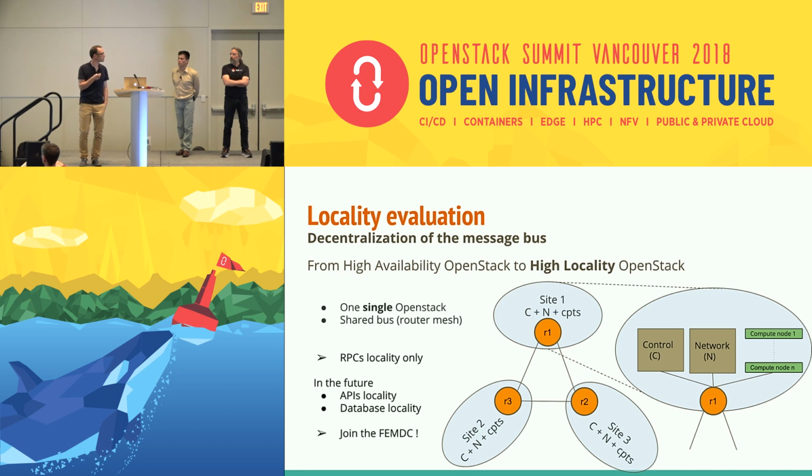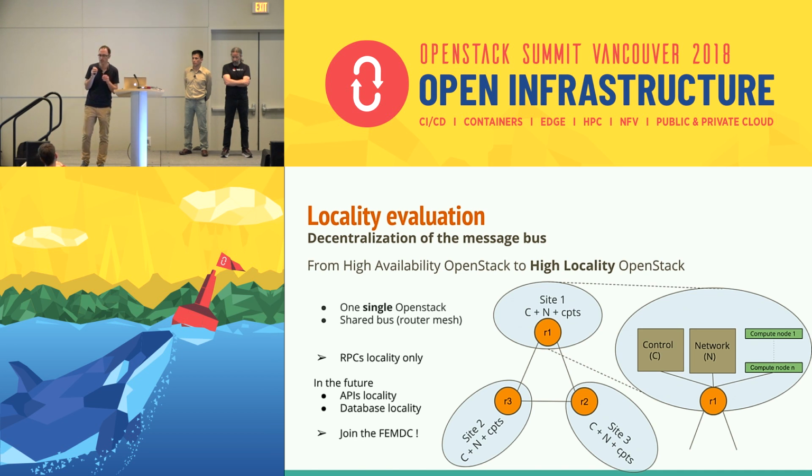So for instance, if you want to send a message to a Nova conductor, the one that will handle the request will likely be the one that is local to your site, according to what we have just seen before. So you will have some locality at the RPC level, but we performed some initial tests about that, and there are still some performance impacts.